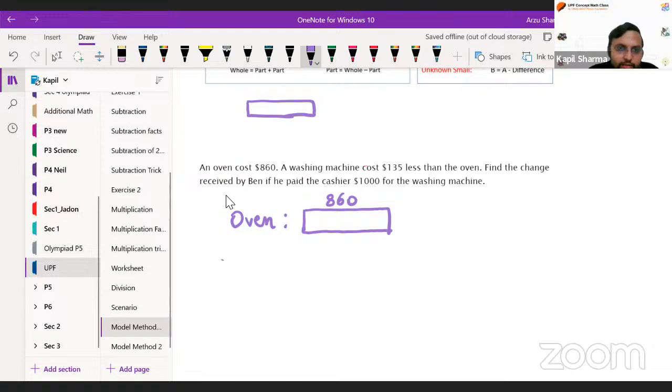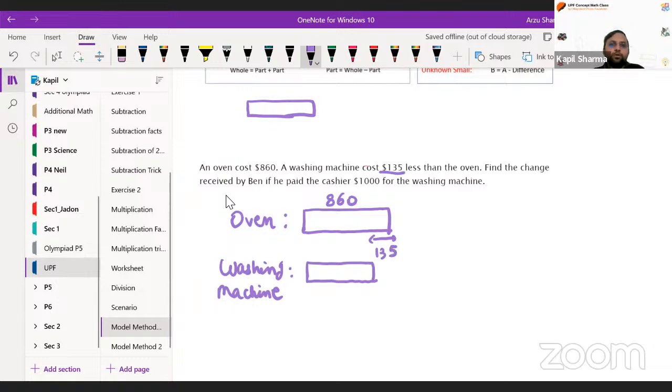So let's write washing machine here. And now since it costs less than the oven, we have to use a smaller bar to represent the cost of the washing machine. And the difference is 135.